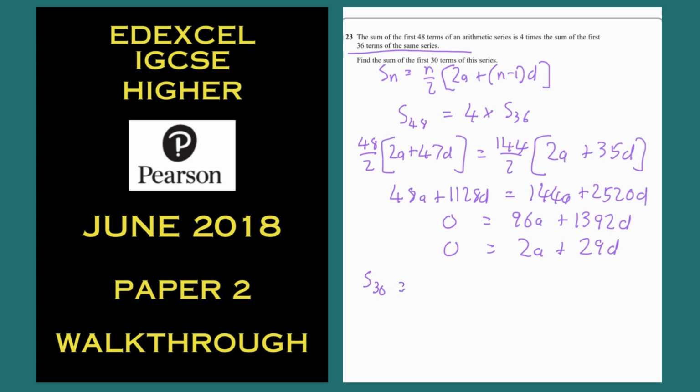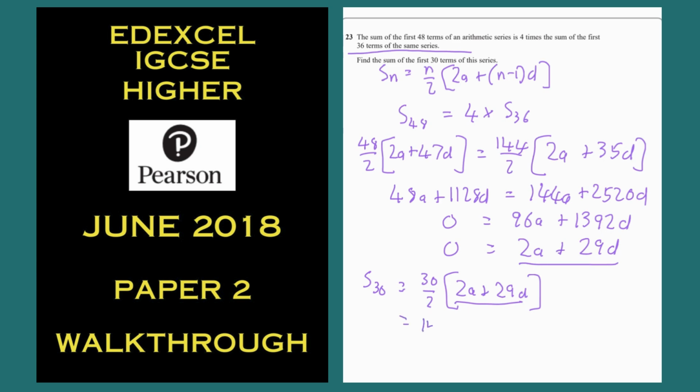Let's use this formula again. That would be 30 over 2, 15 in other words, and in the brackets 2a, n minus 1 is 30 minus 1. Hold on, they're the same. Look what they've gone and done.